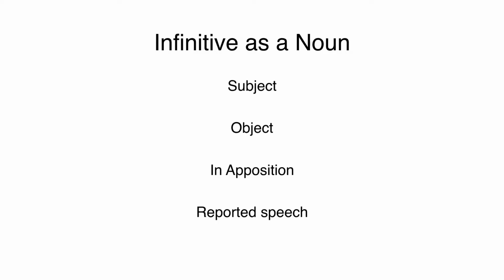And fourth, we have reported speech. This is when the infinitive is used to convey an idea of what was said rather than to quote what was said. So, for example, they began to beg Jesus to leave. If we had direct speech, we would have something like, they began to beg Jesus, "Jesus, please leave."